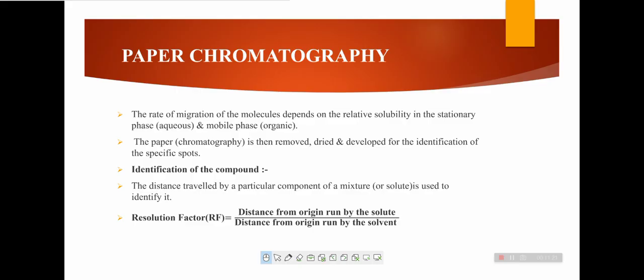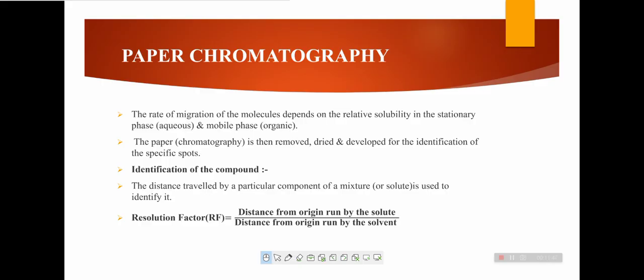The rate of migration of a molecule depends upon its relative solubility in the stationary phase and the mobile phase. Now, how do we identify the compound? The distance travelled by a particular component of a mixture is used to identify it. We generally identify it by the resolution factor. So, what is the resolution factor?